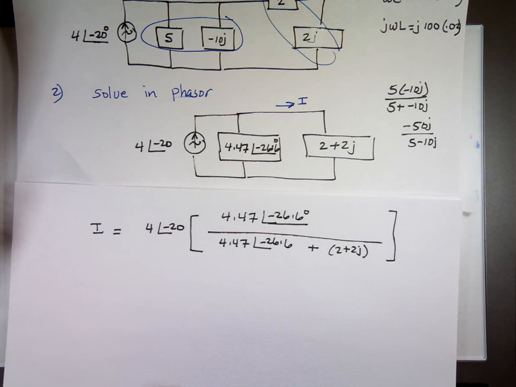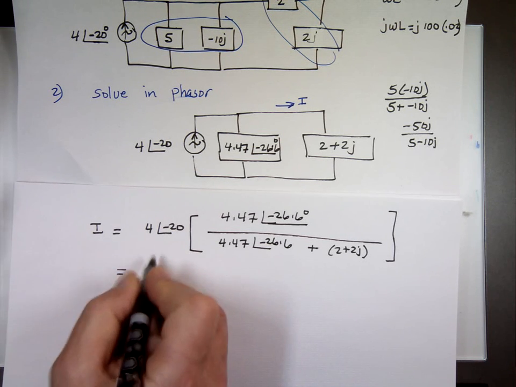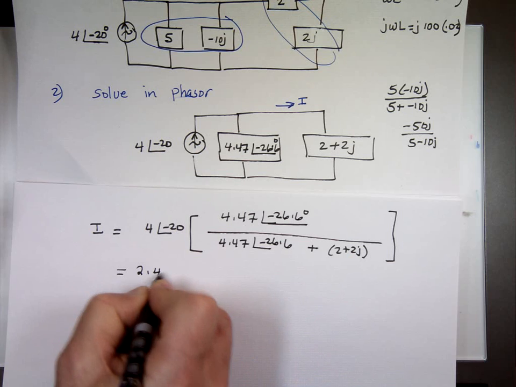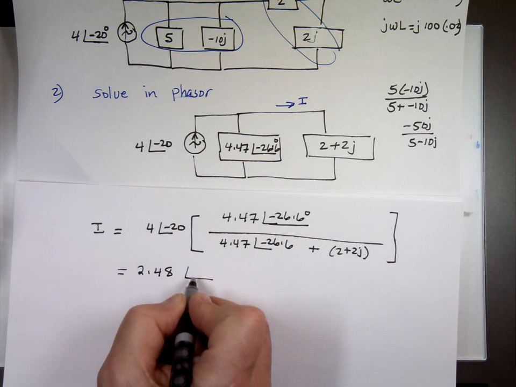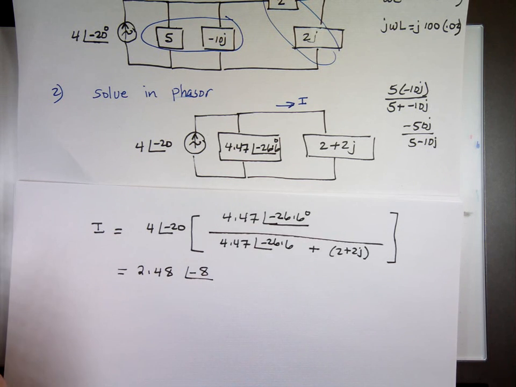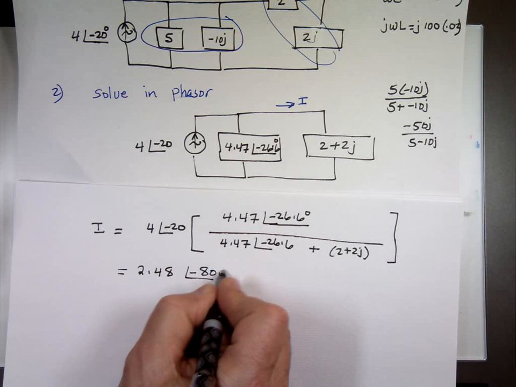If I push all the right buttons, my current is, let me know if you get the same answer, 2.48 angle negative 80.3. Is that what you got?